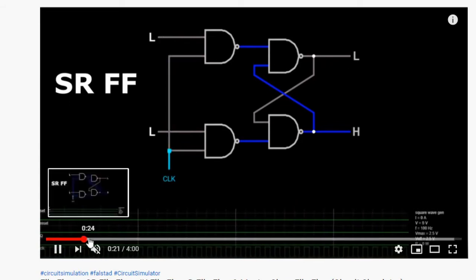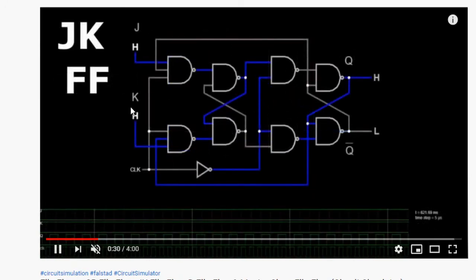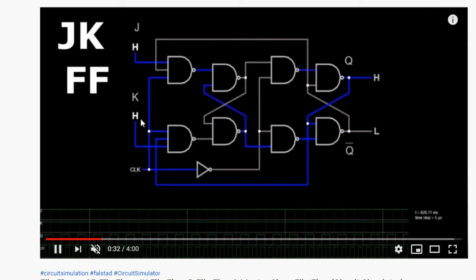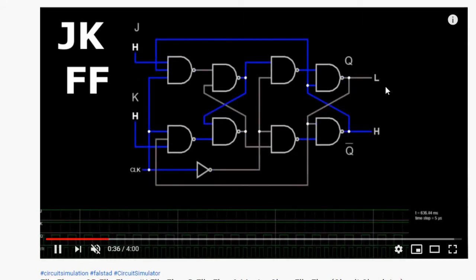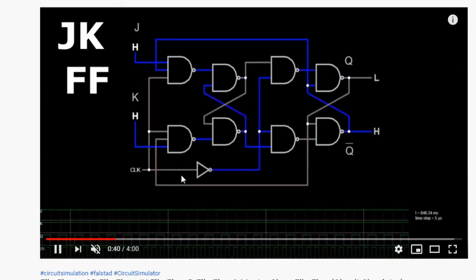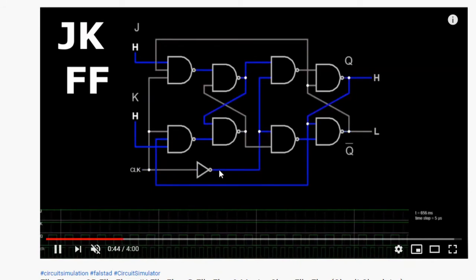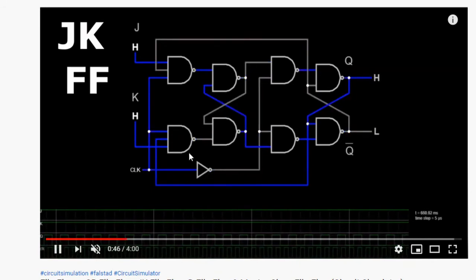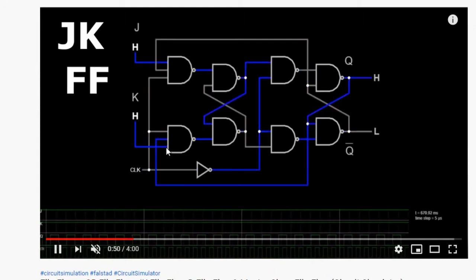In a similar way, let's realize another circuit, the JK. I have J and K inputs here, and the outputs. What is controlling it? The clock pulse. So you can see how this logic circuit works. If this is inverted, if the input is high, the output is low. You can see each gate working. This is an AND gate with 3-input NAND gates.